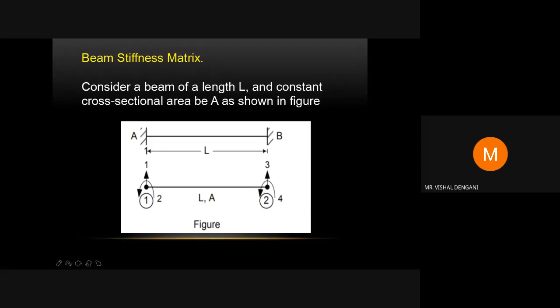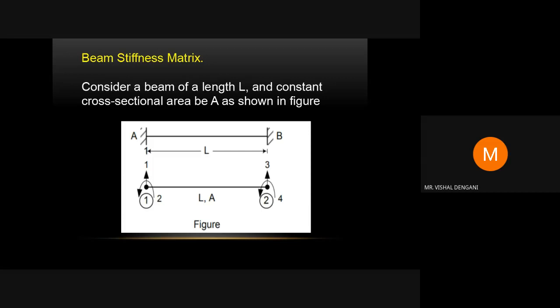Similarly at the other node. So the total possible displacements will be 4, or we can say that the degree of freedom in case of this, without support, there is only a node I have shown, so the possible degrees of freedom will be 4. Hence the stiffness matrix will be 4 by 4.